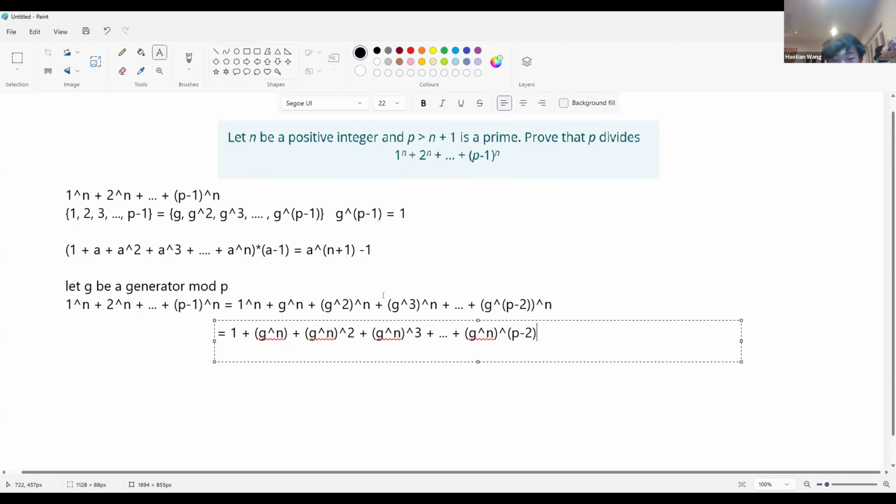And now this is beginning to look like this thing, right? So that is equal to G to the N to the power of P minus 1 over G to the N minus 1.